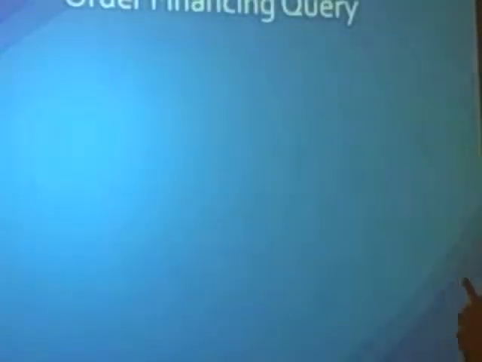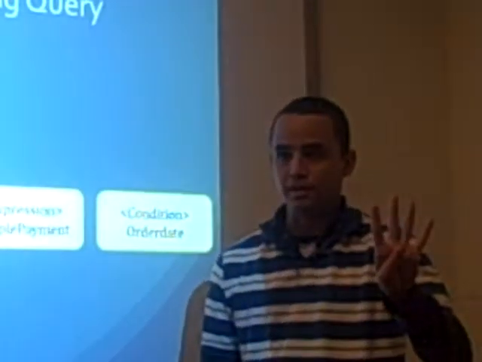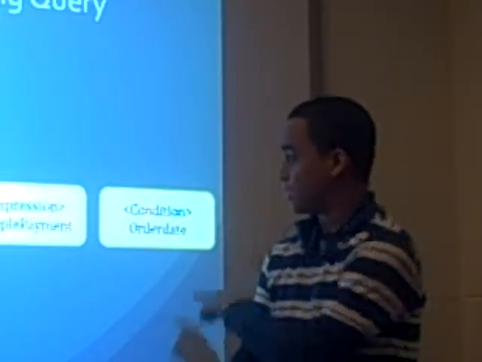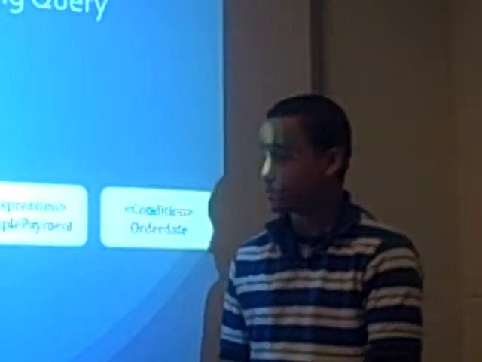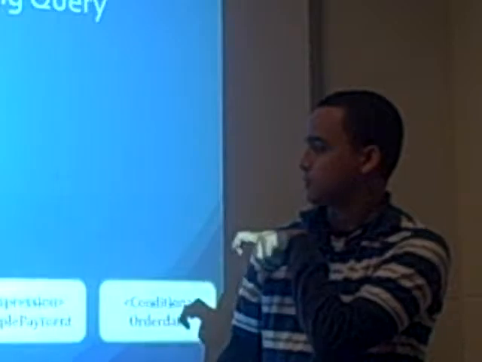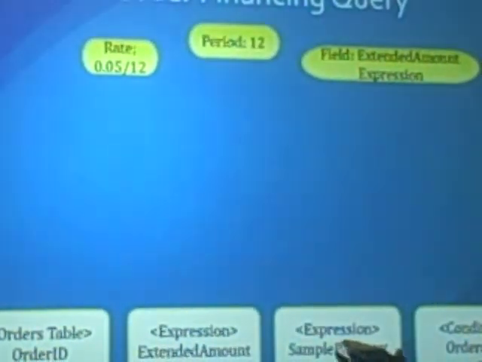Now I'm going to talk about the queries. We created the order financial query with 4 fields: order ID, extended amount, sample payment, and order date. The order date is not going to be shown to the final user because it's a condition field. Now I'm going to talk about how we created the sample payment.